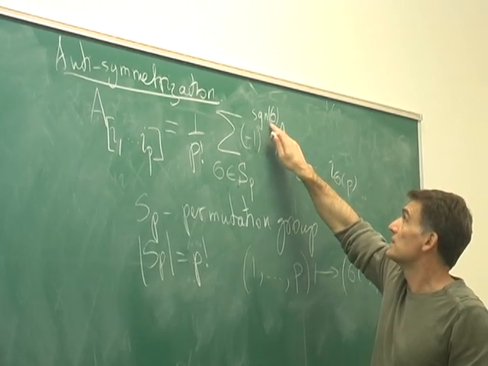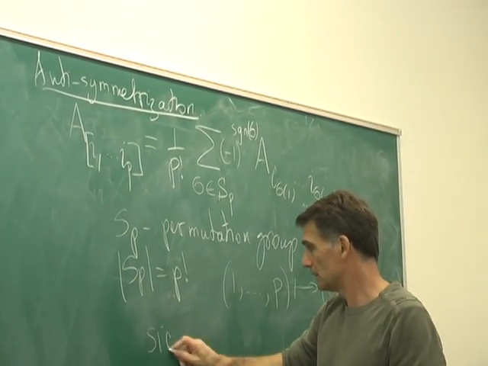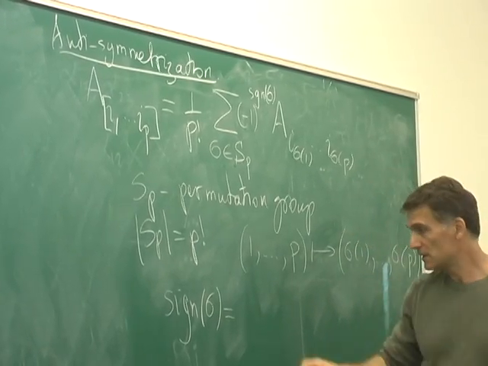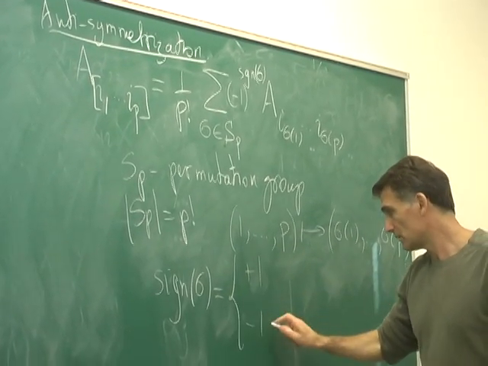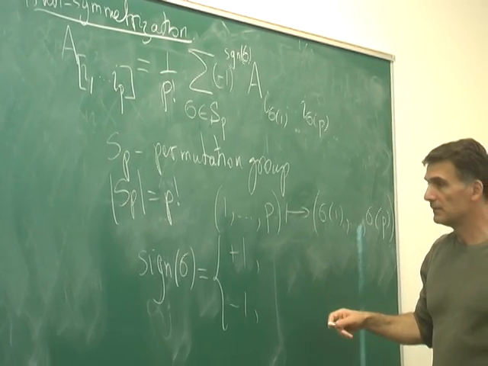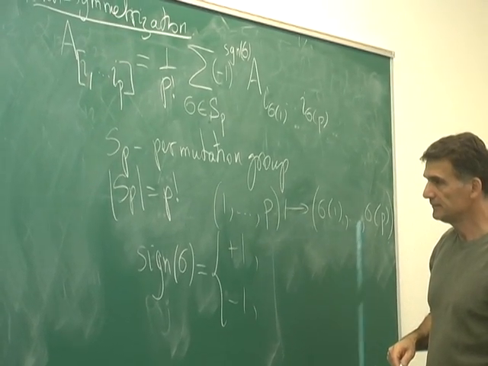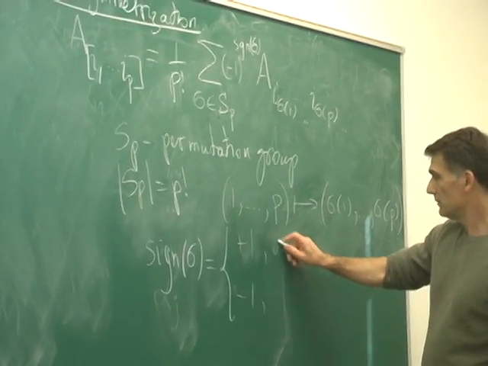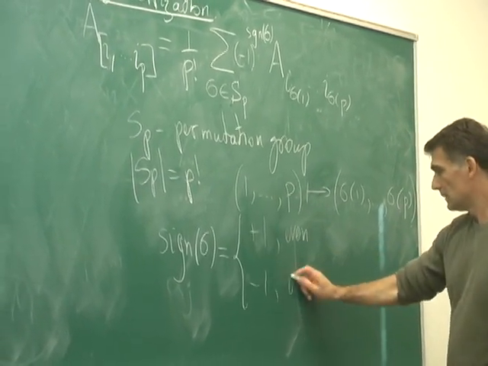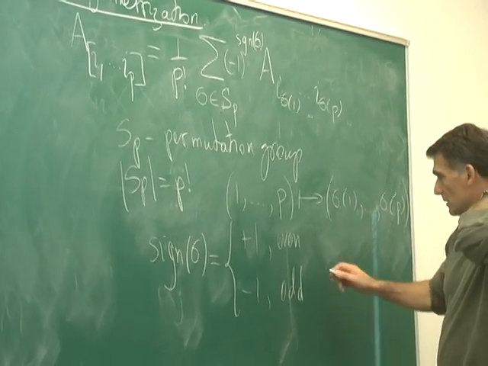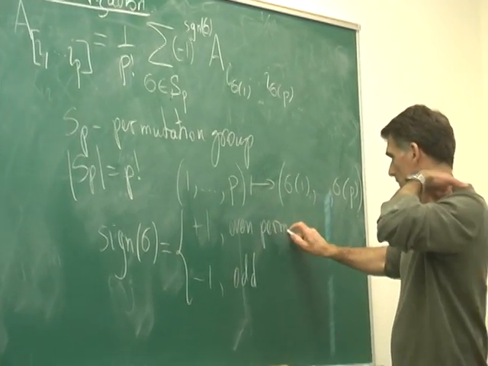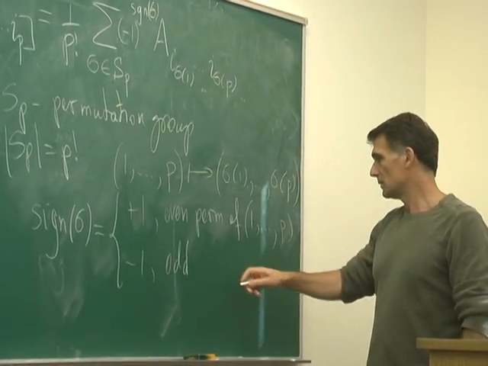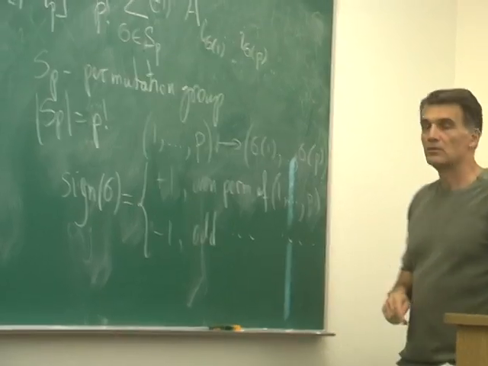What is the sign of sigma? That's the sign of the permutation, so it is equal to +1 or -1. It's +1 if it is an even permutation, and -1 if it is an odd permutation.